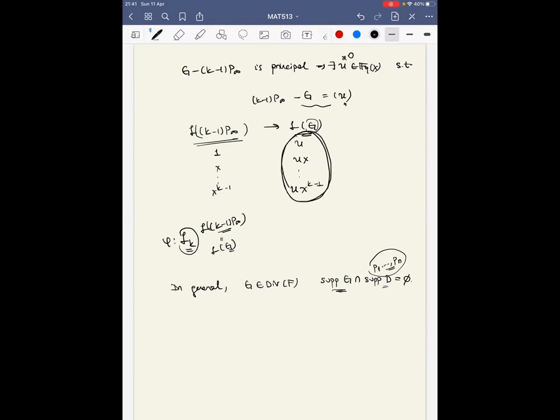Thanks to being able to write its basis explicitly, when we consider the evaluation map, its image again is going to be a linear code, and we can explicitly write its generator matrix by considering the evaluations of the functions at given places P_i, with the last entry being u times x to the k minus 1 evaluated at P_n.